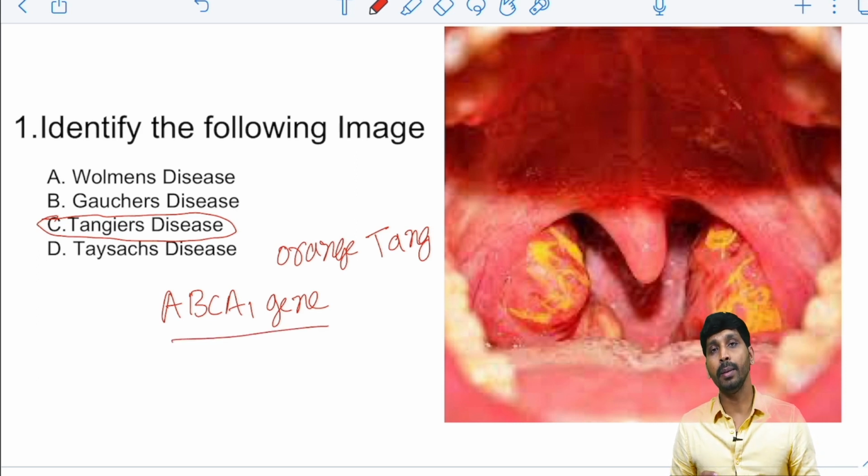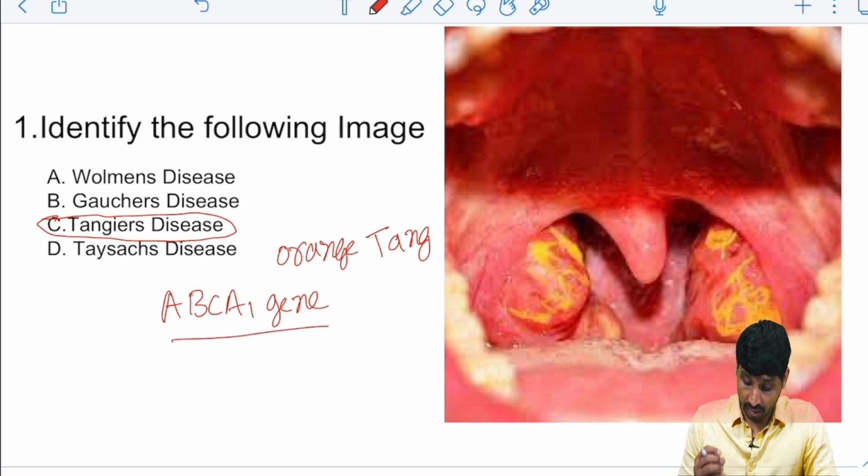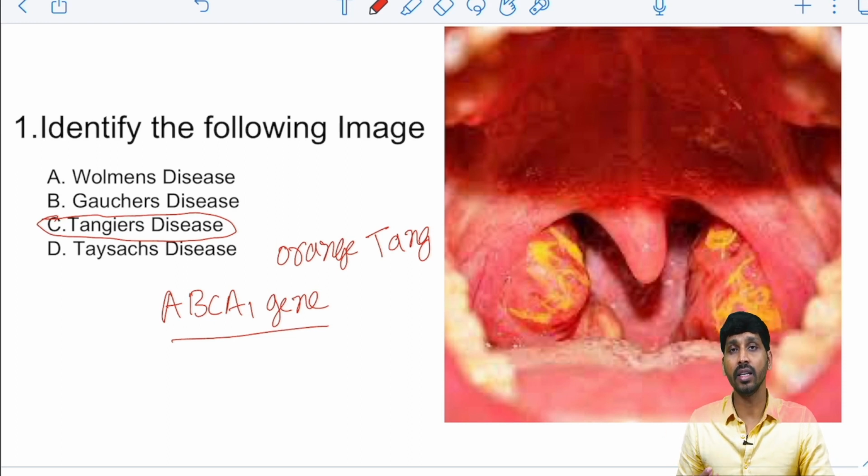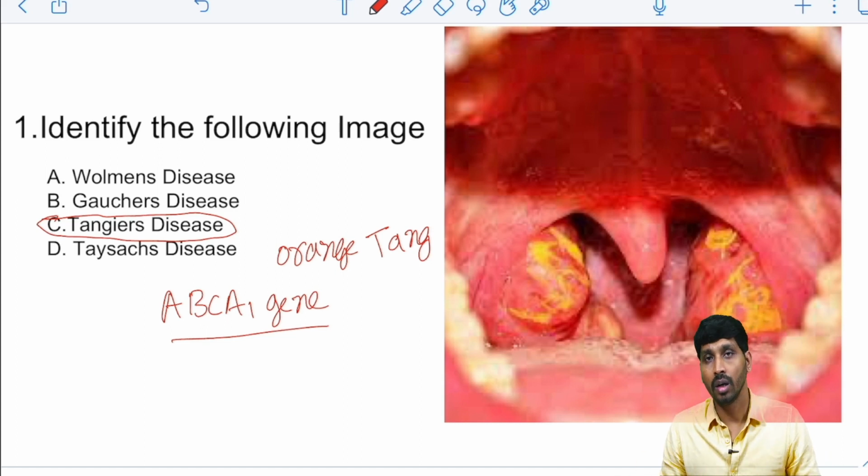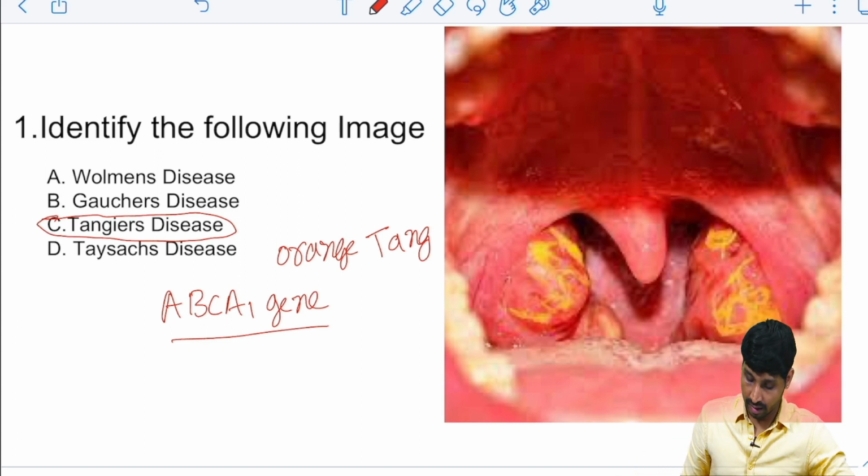It is an ATP binding cassette transporter protein, which is helpful in effluxing cholesterol ester and phospholipids from inside the cells to outside the cells. What happens if this transporter protein is absent because of the mutation in the ABCA1 gene? The cholesterol esters and phospholipids will not be effluxed out of the cell and will be deposited inside the cells, right? So that is the reason you are getting this.